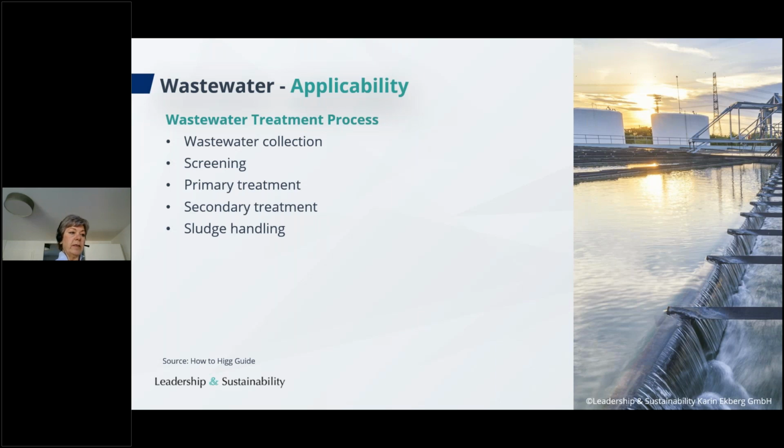The filter cake is disposed of most probably as hazardous waste, and the filtrate water is then fed back into the wastewater treatment plant. It may be that you have another process than a filter press. There are other ways of compressing the sludge.